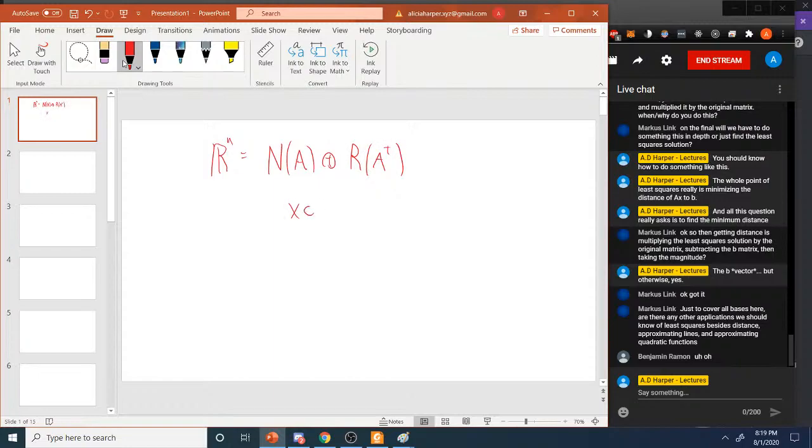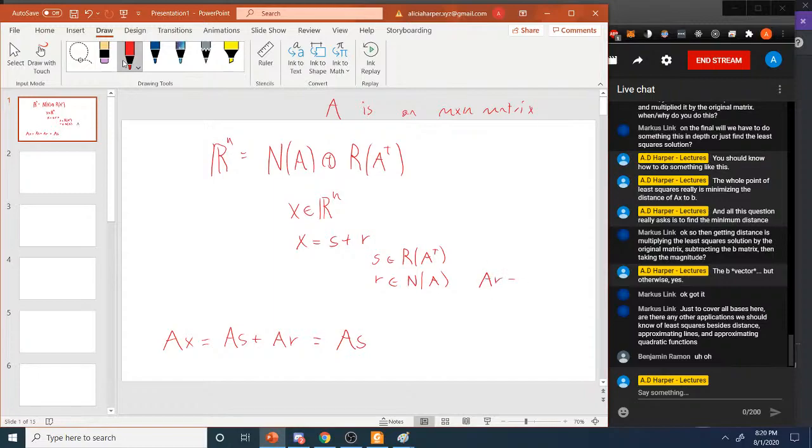And I was saying that if I had an arbitrary vector x in R^n, and by the way, A is an M by N matrix, then I can write x as s plus r, where s is in the column space of A transpose, and r is in the null space of A. So Ax is equal to As plus Ar, which is actually just equal to As because Ar is equal to 0.